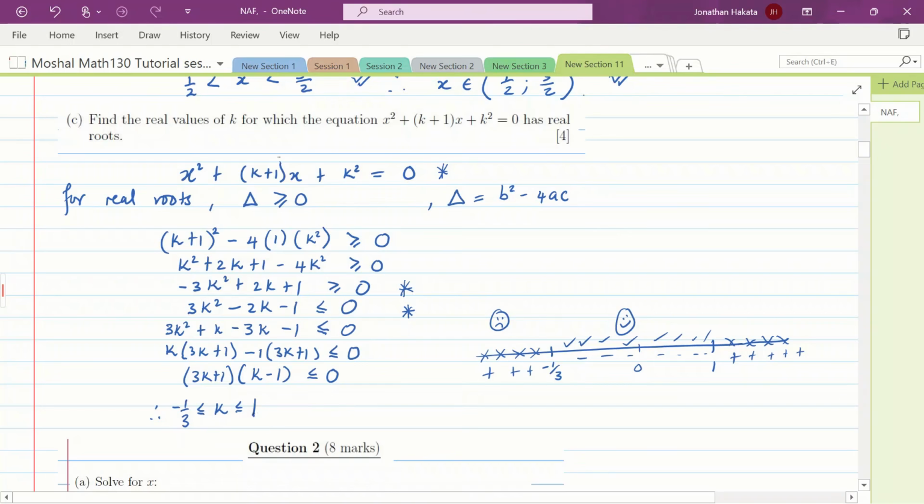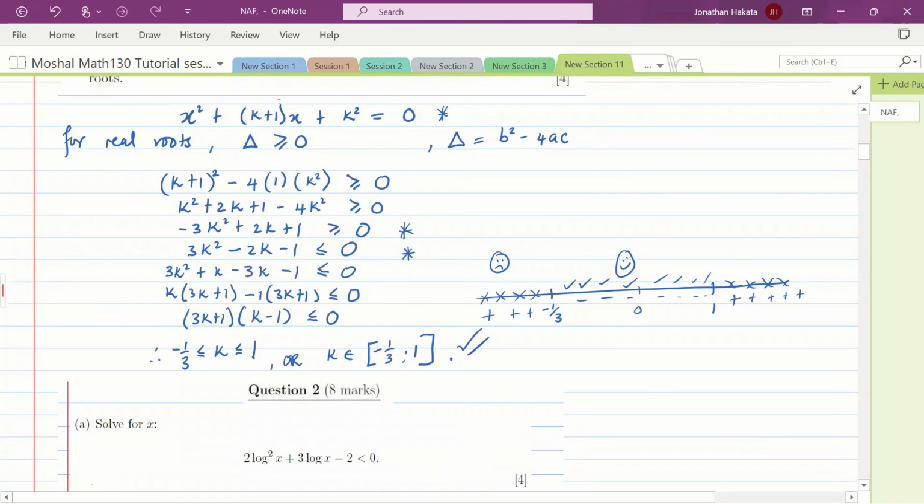You can leave your answer like this, or you can write it as k is an element of, we put square brackets now because we have less or equal to, minus 1/3 semicolon 1. Okay, so this becomes our answer. Are we together?